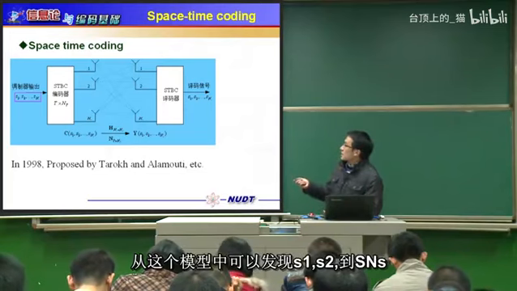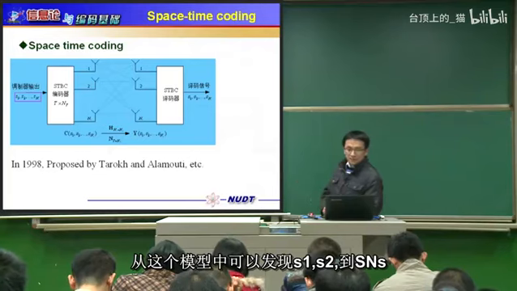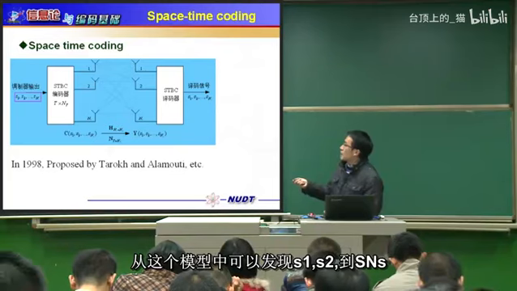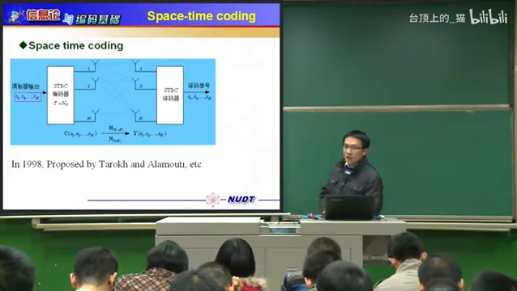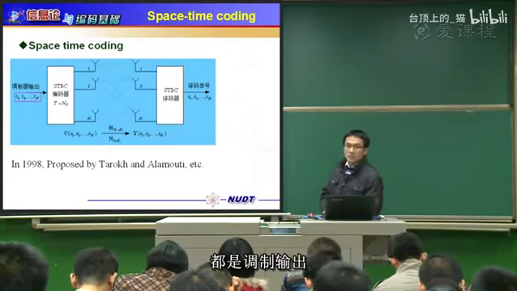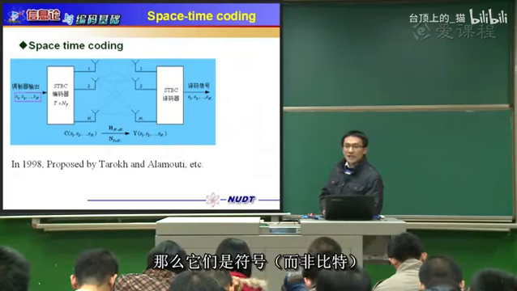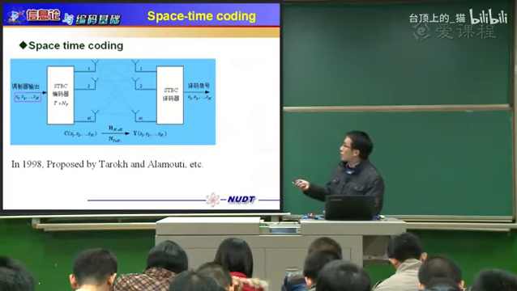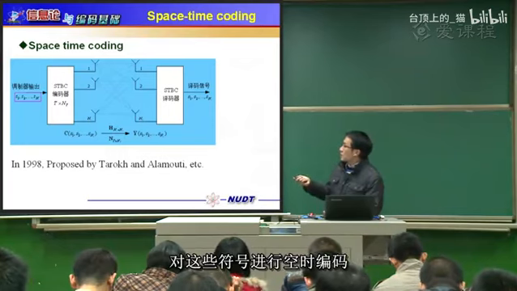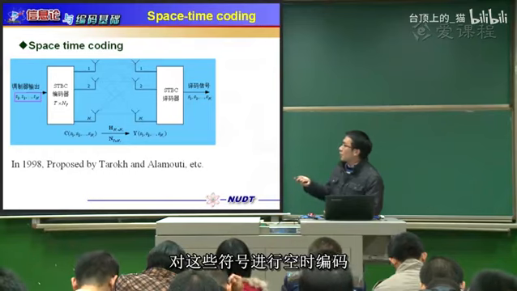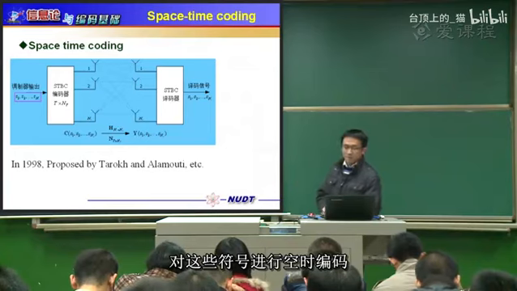From this model, we can see s1, s2, up to sN is the output from the modulation. So they are symbols, okay? We make space-time coding for these symbols.